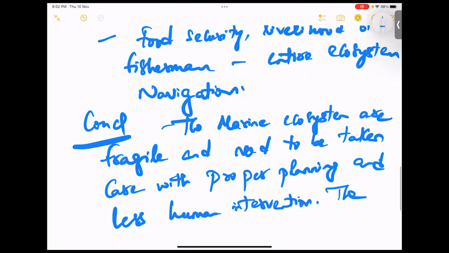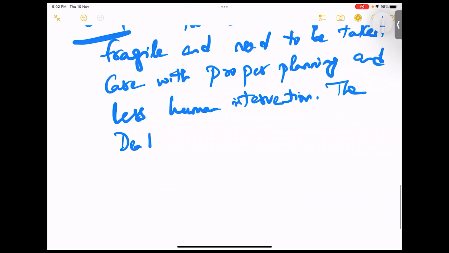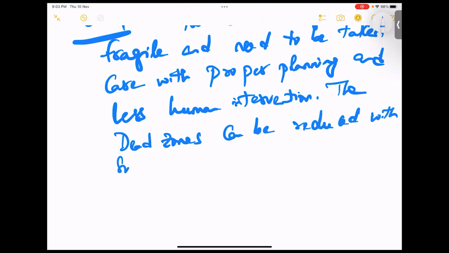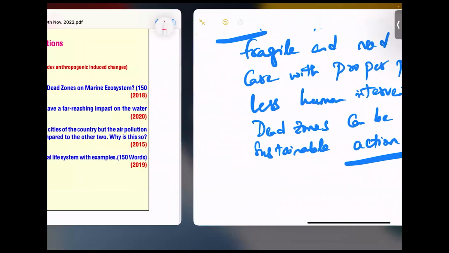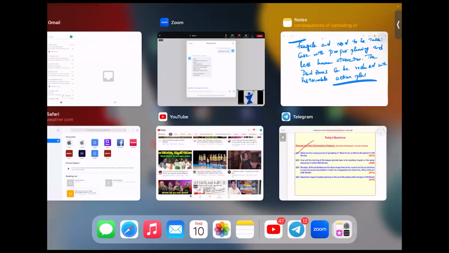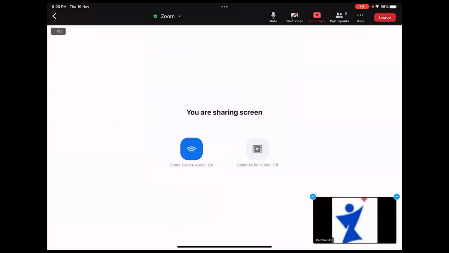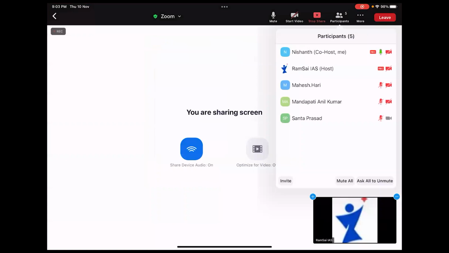The dead zones can be reduced with sustainable action plans. Okay. Is it clear? Yes, sir.